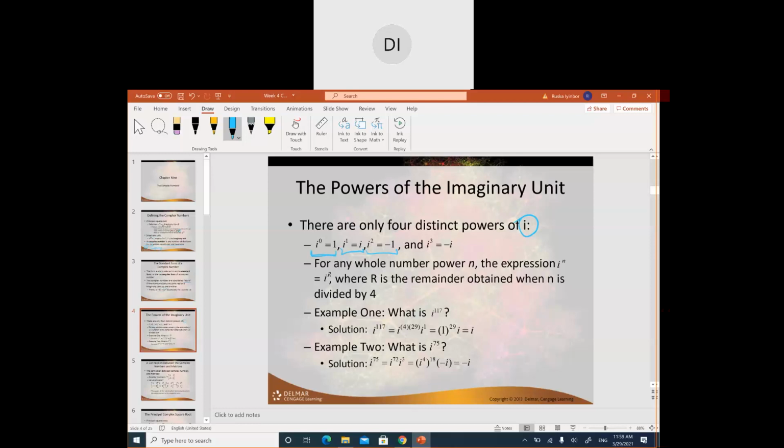The first 4 exponents we memorize or look at like a given. i to the 0 is 1 because anything to power 0 is always 1. i to the first is i, obviously, right? Power 1, you don't have to put it there.